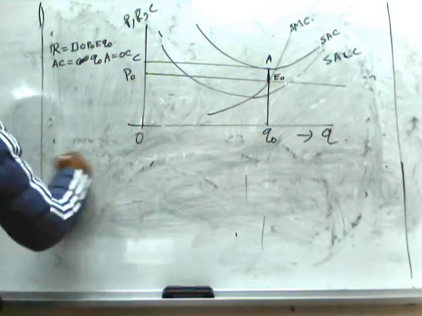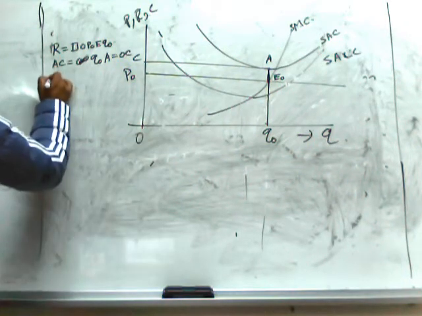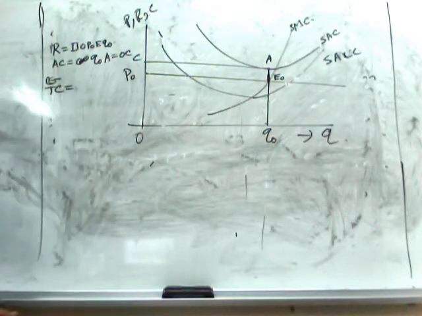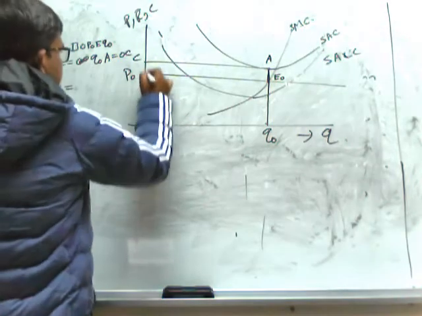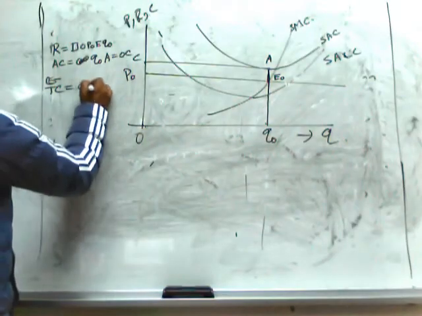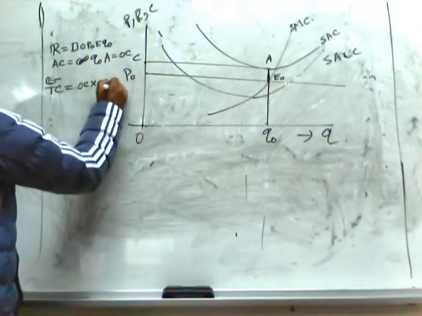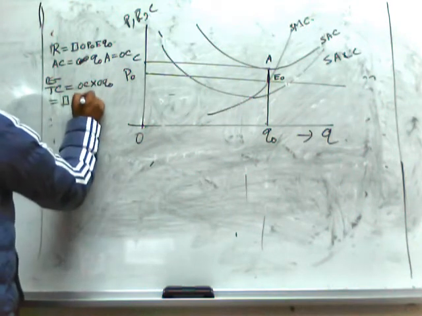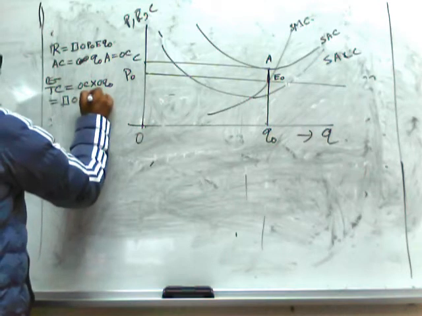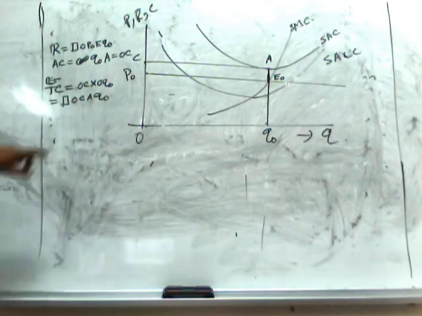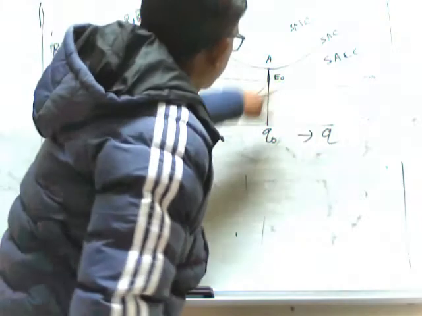So the total cost of production, TC, will be OC multiplied by OQ0, that is, the area of the rectangle OCAQ0. This is the cost.